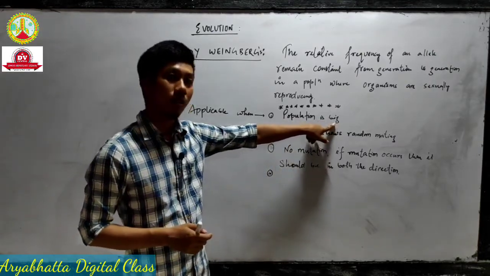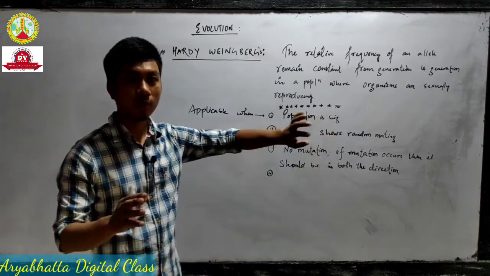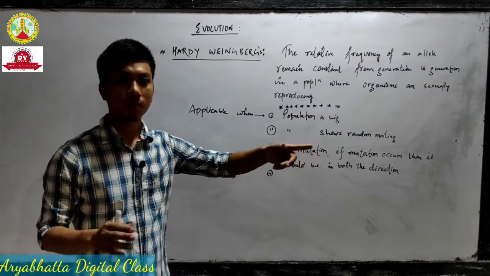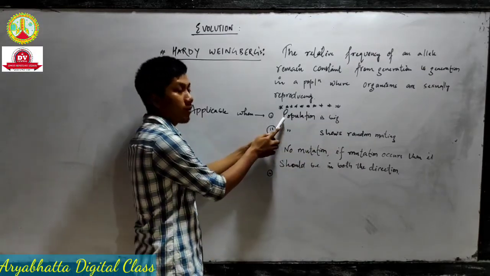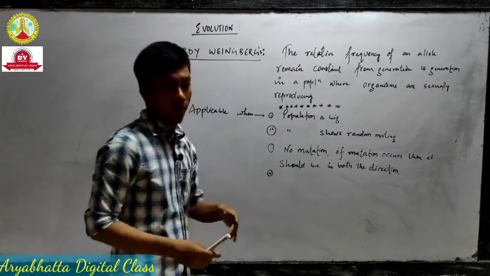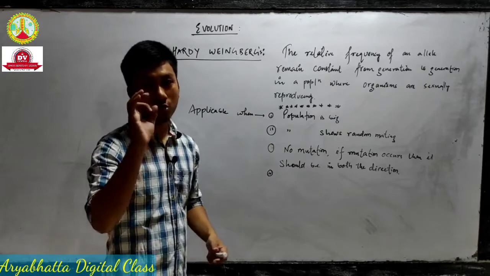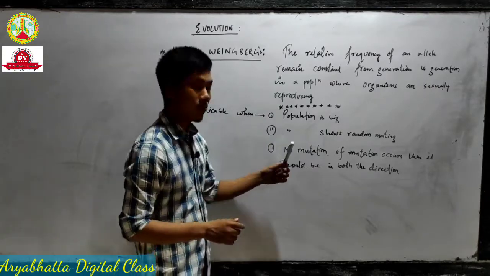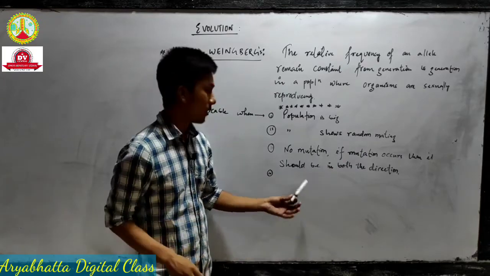Remember, the question will be to find out the incorrect answer. Okay, so remember this. Based on this, the question always asks. So it is applicable only when there is a big population, and the population should show random mating, and there will be no mutation. If mutation occurs, then that should be in both directions.